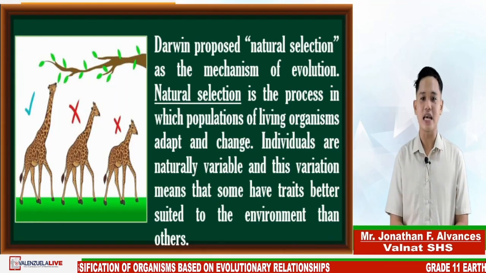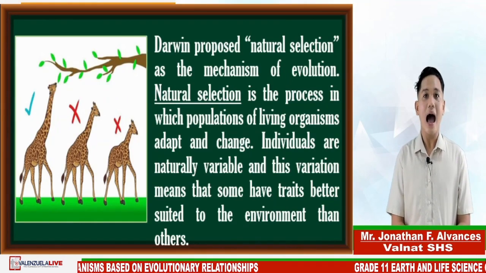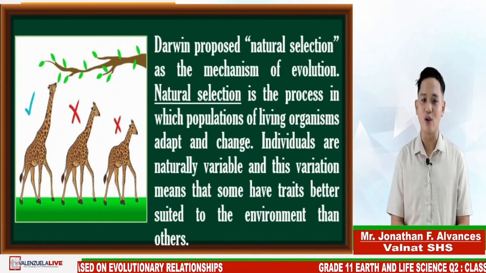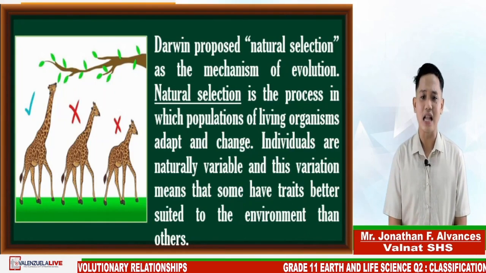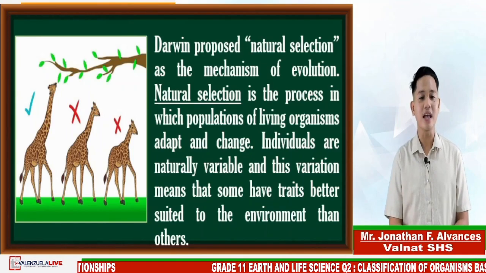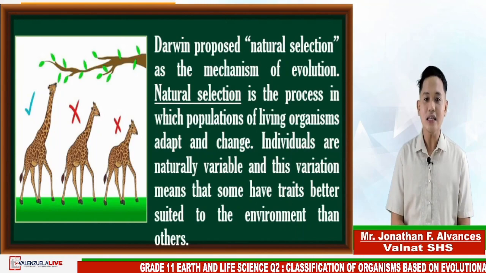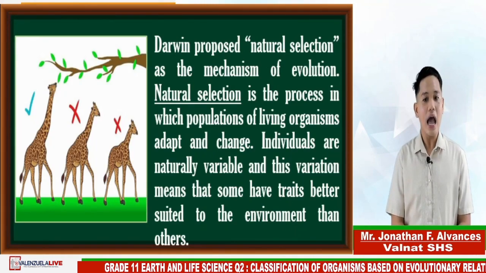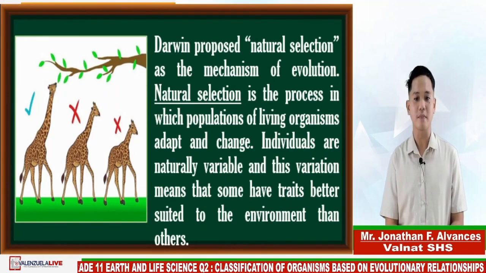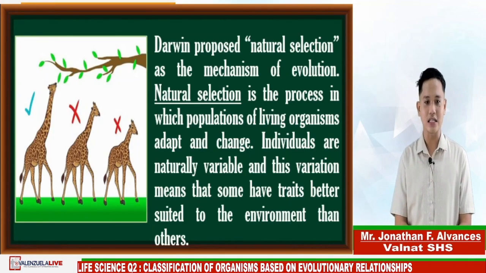Unlike his predecessors, Darwin proposed natural selection as the mechanism of evolution. Natural selection produces evolutionary change when some individuals in a population possess certain characteristics and produce more offspring than individuals lacking these desirable characteristics.